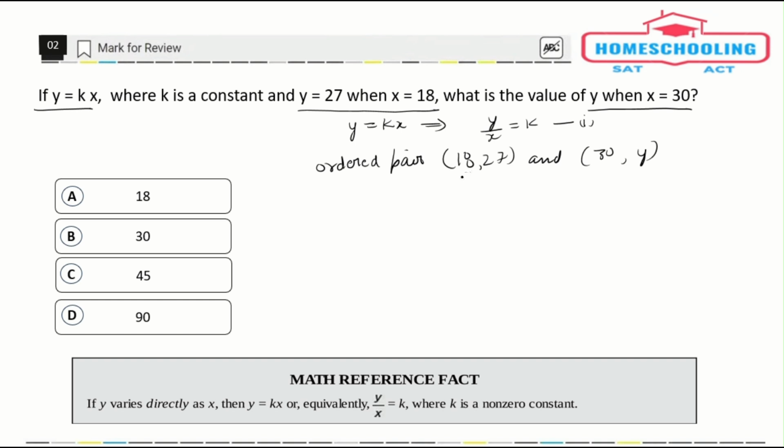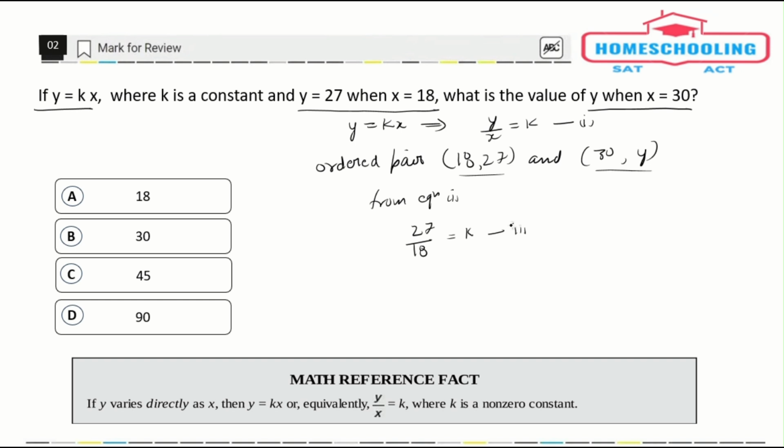So what we're going to do is put these two pairs, the values of x and y, in equation number 1. So from equation number 1, by putting the xy value pairs in equation number 1, we can say that y by x is equal to k. So y is 27. 27 divided by 18 is equal to k.